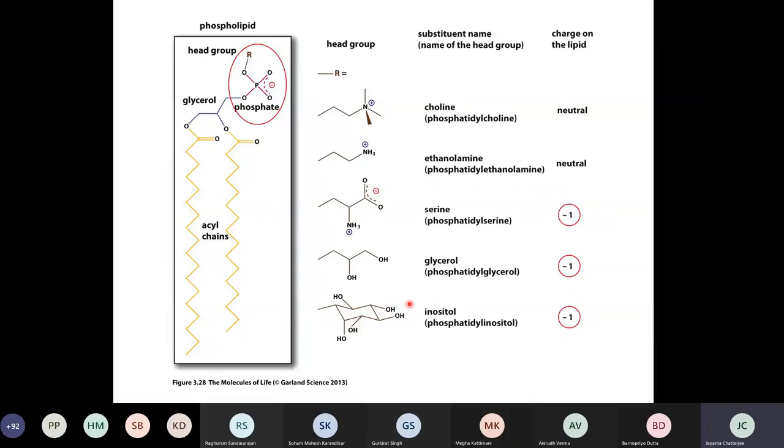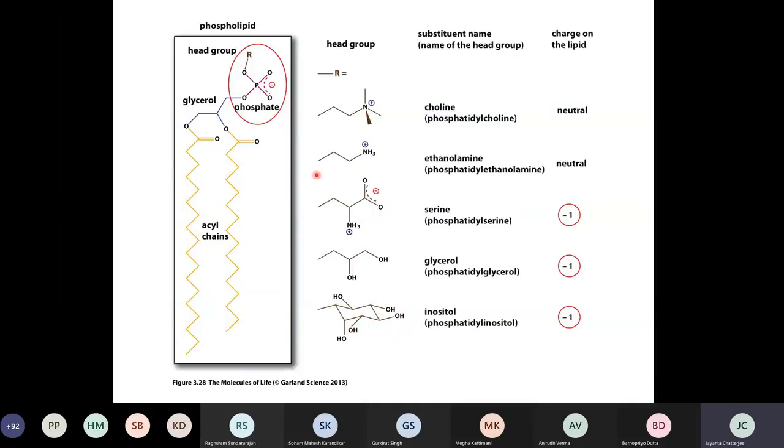One such molecule is called inositol 4,5-bisphosphate. If you count this as 1, 2, 3, 4, and 5, you'll have a phosphate group here and a phosphate group here.